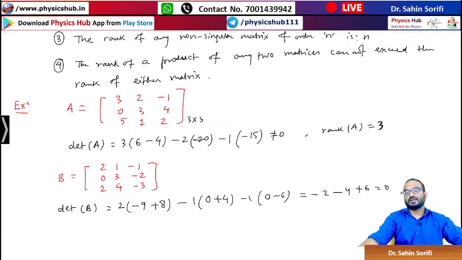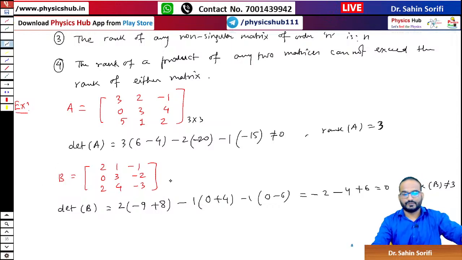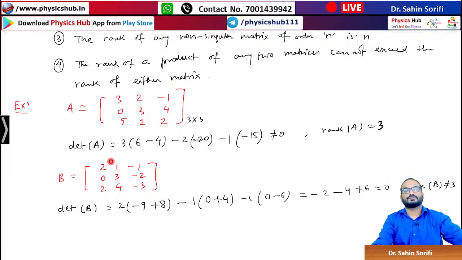So we can say that the rank of B cannot be 3. Let's take smaller square submatrices.